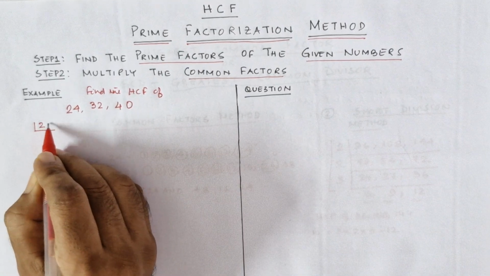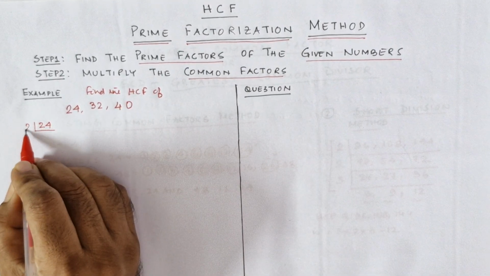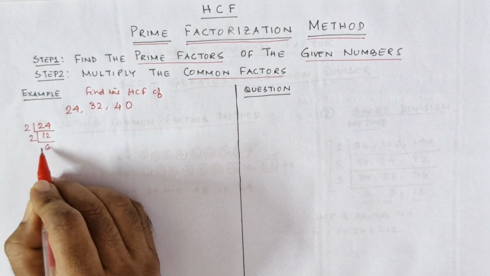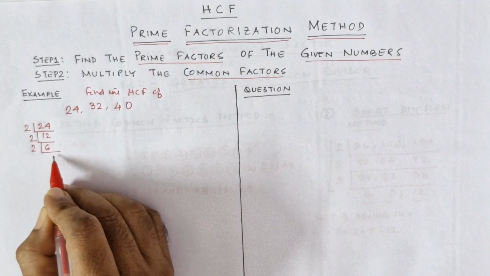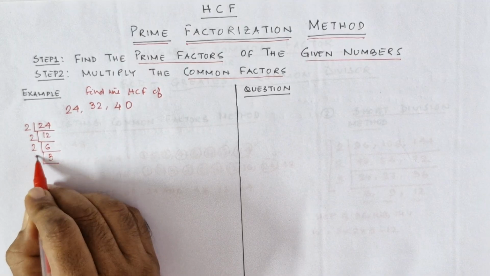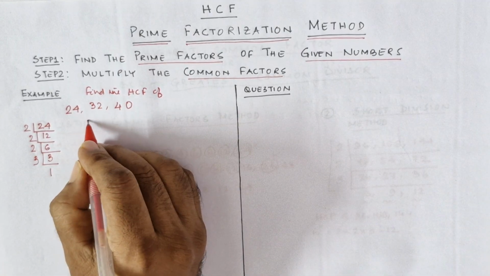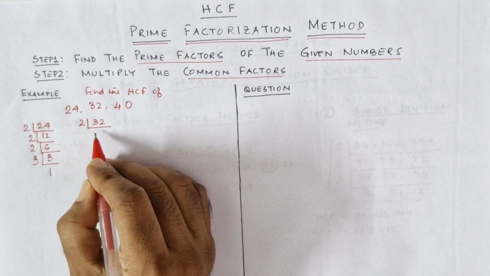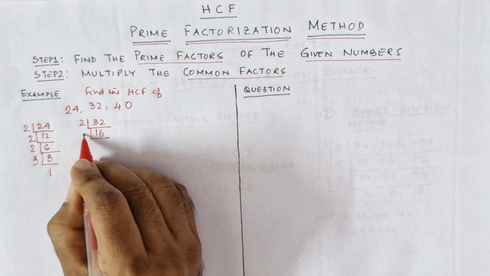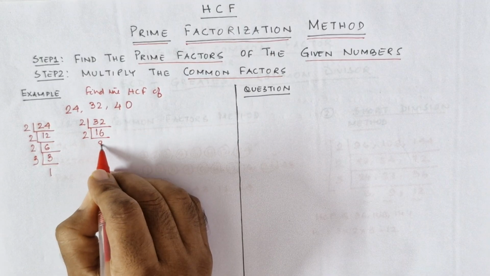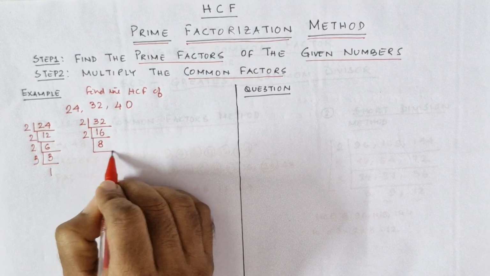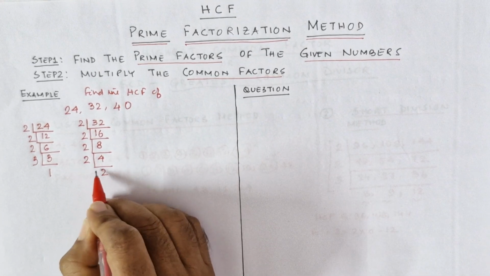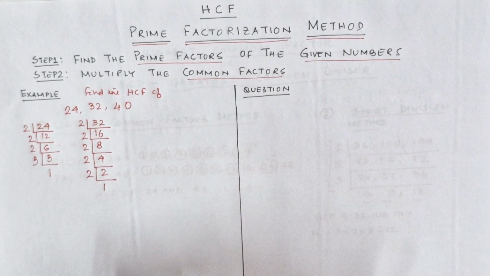So 24, it's divisible by 2, so 12, again by 2, 6 is the quotient, again 2, it's 3, so 3 ones are 3. Next is 32, it's divisible by 2, so it's 16, again by 2, that is 8, again by 2, that is 4, again by 2, that is 2, 1.